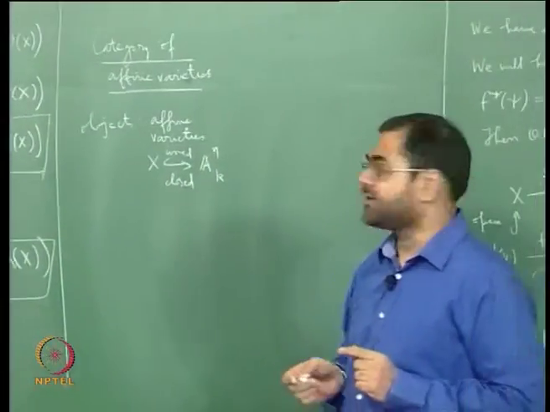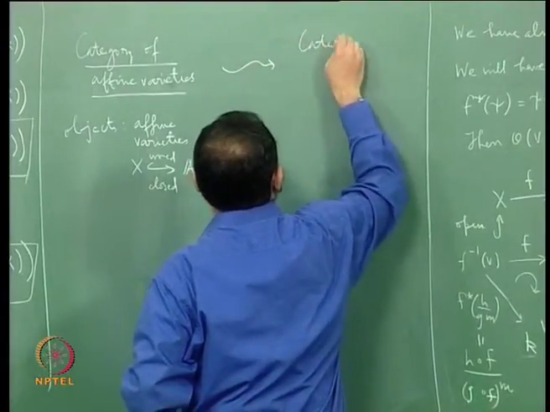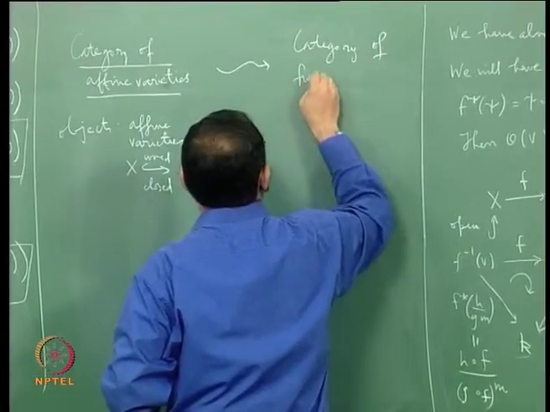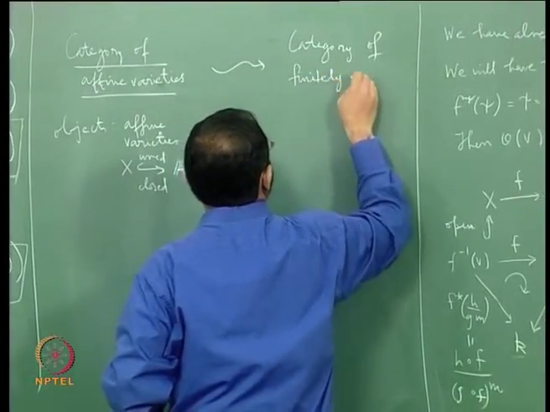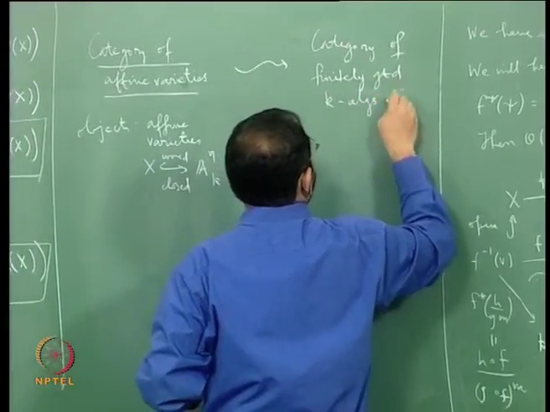These are the objects in the category, and I am going from there to the category of finitely generated k algebras that are integral domains.